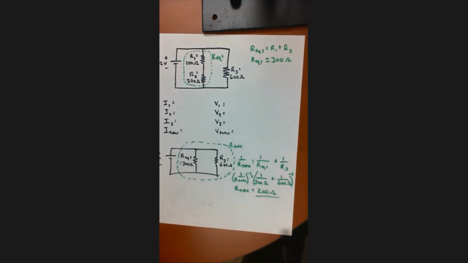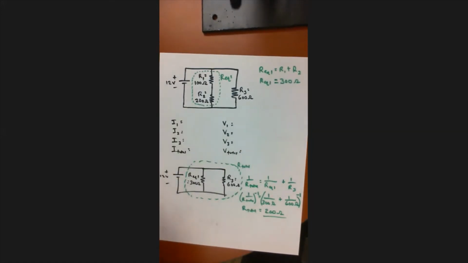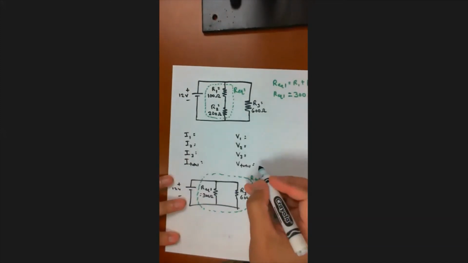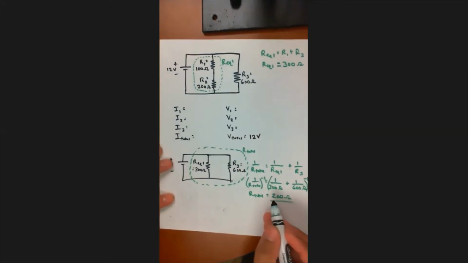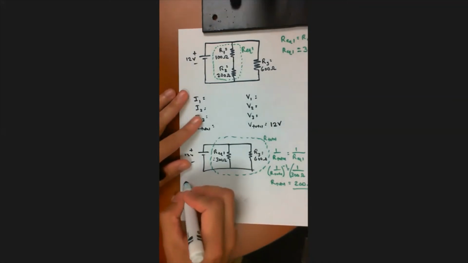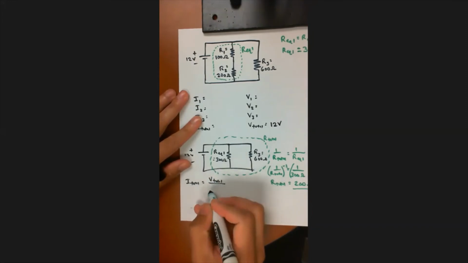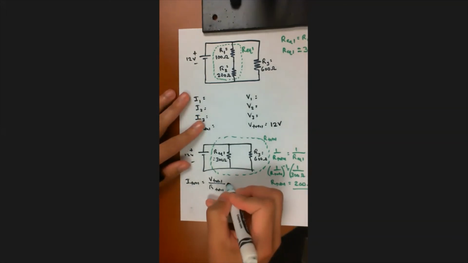All right, so we know R total, and oh yeah, we know V total. In fact, we can go ahead and write that in. V total is just the voltage of the source, the battery. So now that we know V total and R total, we can find I total. We're using Ohm's law for that, and we can write I total equals V total divided by R total. That's just rearranging Ohm's law.